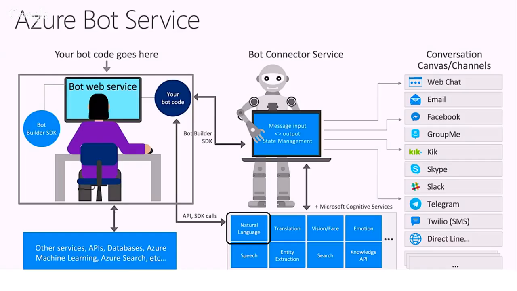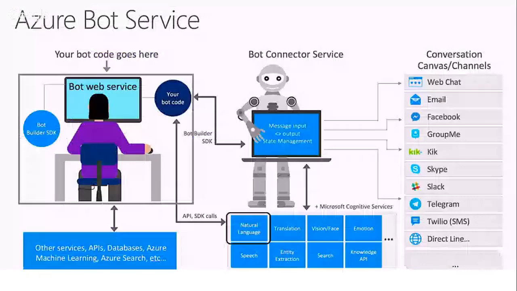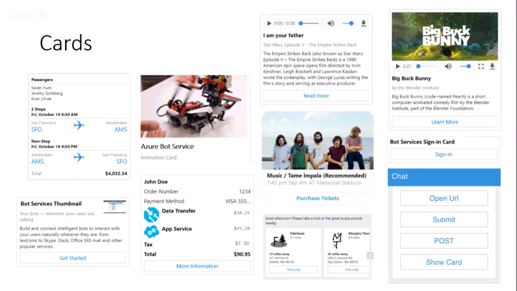And one last slide I want to share today is this one. When we think about the bot with the user experience, you don't want to keep receiving text messages, right?